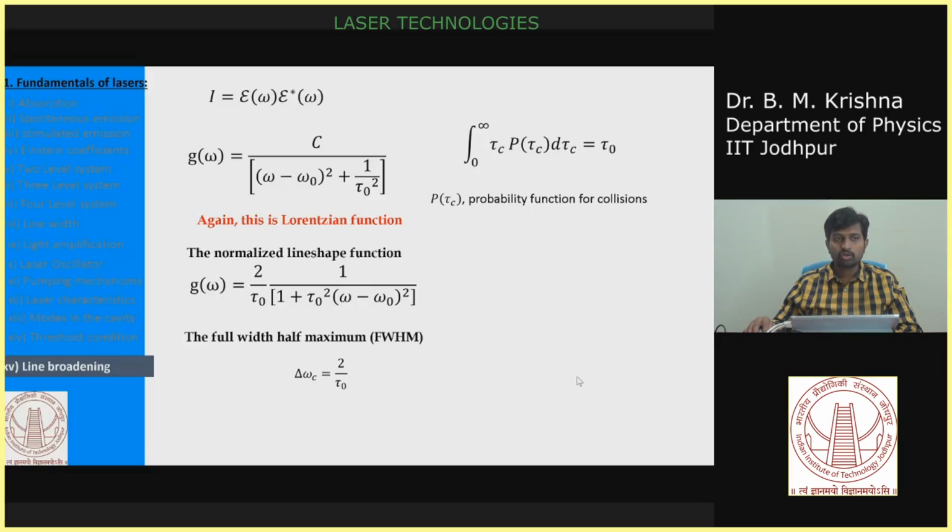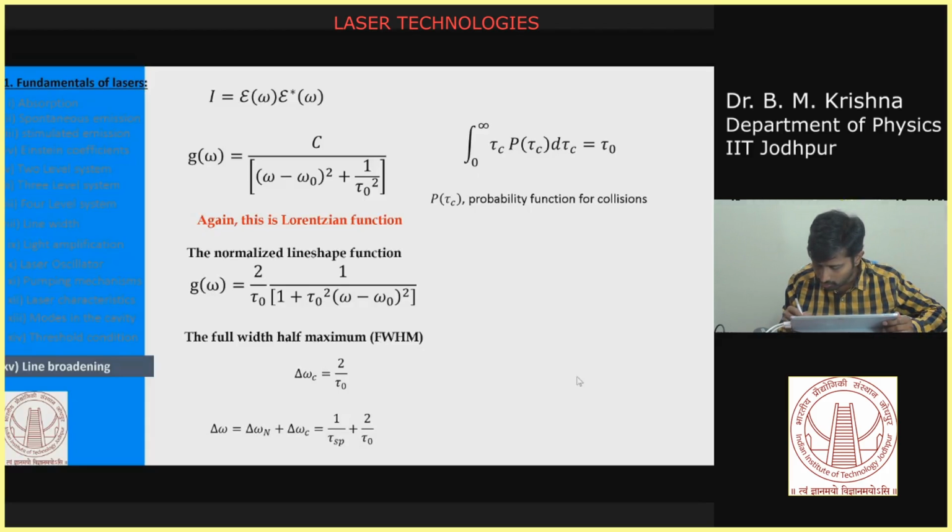Okay, so now we know that in principle you always have a natural line width because of the spontaneous emission. Now because of the collisions, you are increasing the width delta omega. So your total width is due to natural broadening plus collision broadening, so overall it will increase.